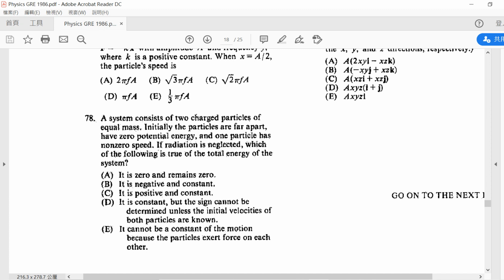Total energy is kinetic energy plus potential, but the potential is close to zero and the kinetic energy is positive, so the total is positive. Total energy needs to be conserved. So the answer is C. It's positive and constant. The answer is C.